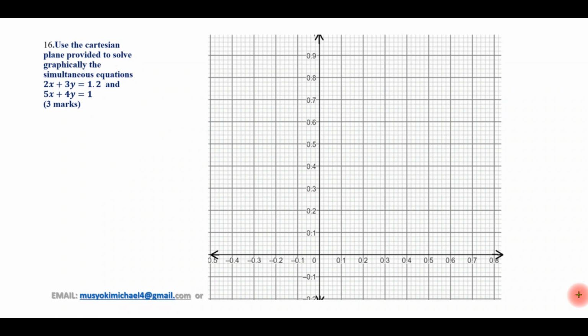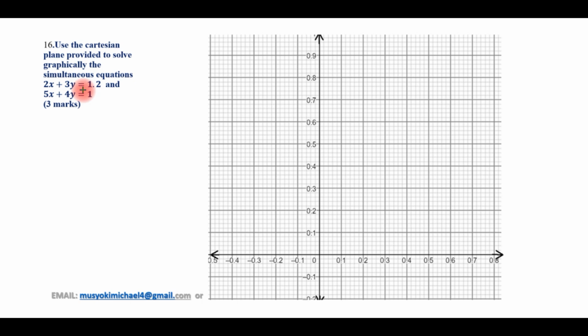Now we need to plot the two linear equations, 2x plus 3y is equal to 1.2 and 5x plus 4y is equal to 1.